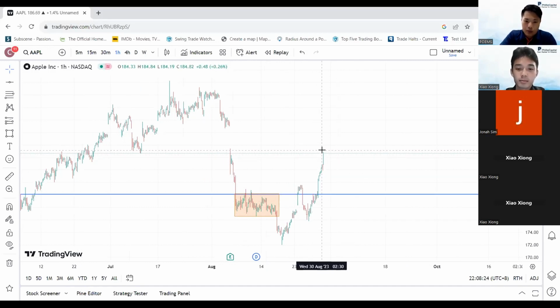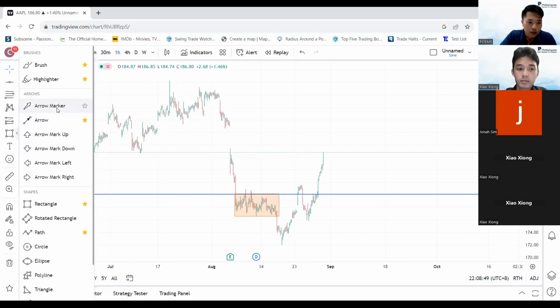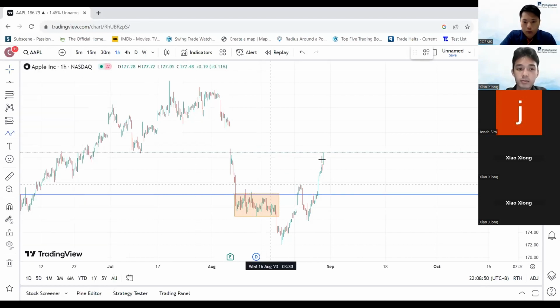So another potential scenario you might want to happen, maybe I put it that way, is that now that this level has been broken, if you are looking for entries, then for myself, I would want price to actually go back down first again.